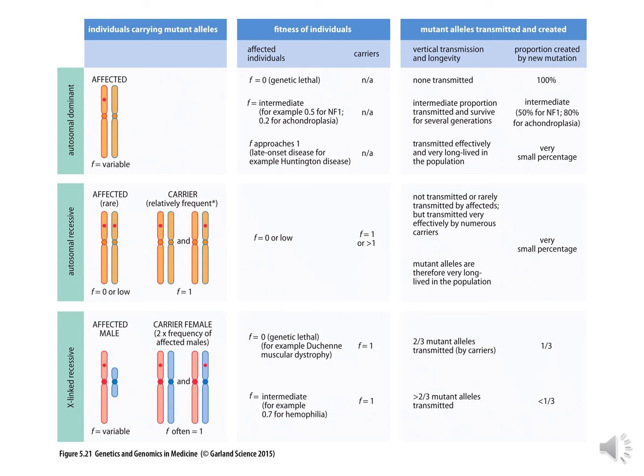Sickle cell anemia is a classic example of heterozygote advantage. Sometimes heterozygote advantage refers to when natural selection favors carriers of recessive diseases.